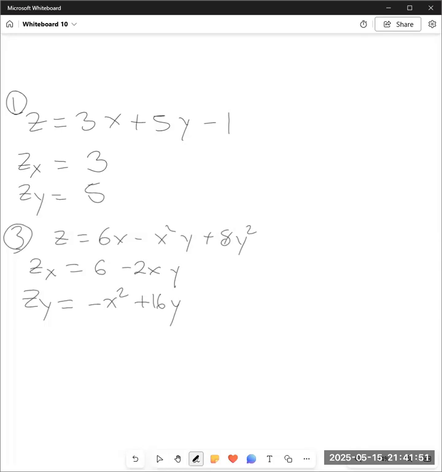Okay, now it gets a little trickier here, number 5.